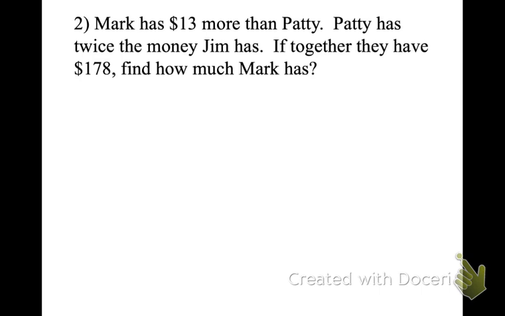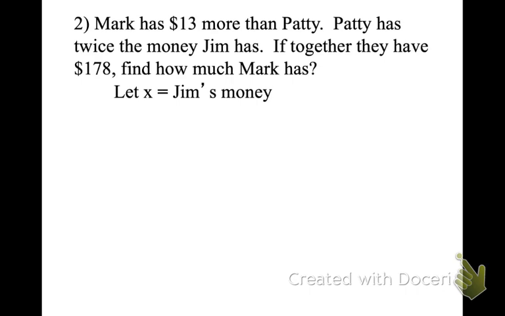All right, Mark has $13 more than Patty. Patty has twice the money as Jim. Okay, who do we have the least information on? Let's call Jim, let's call him x.